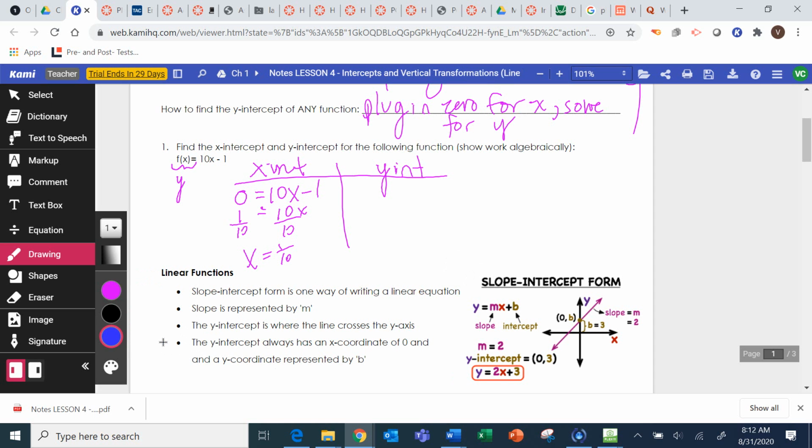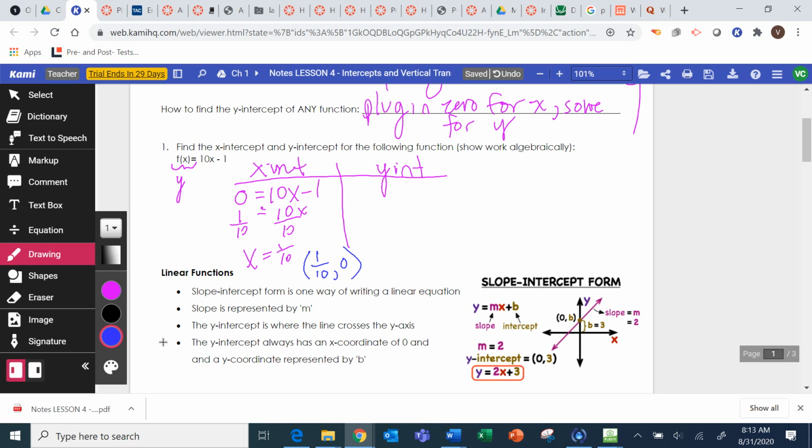When you guys type in answers into Canvas, we write this as an ordered pair. Now, I was grading some assignments last night, and I saw quite a few assignments where the person did not write intercepts as an ordered pair, got them wrong, but never went back to try a second time.